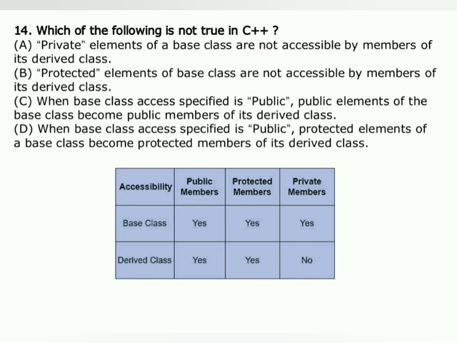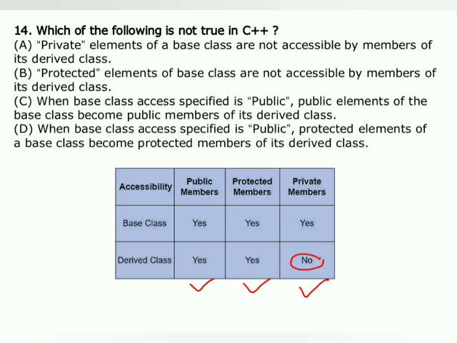So we can derive the public members from the base class in the case of public and protected, but it is not possible in private. So the members in the base class can access the data here, but the derived class cannot access the data. So here option B is the correct one.